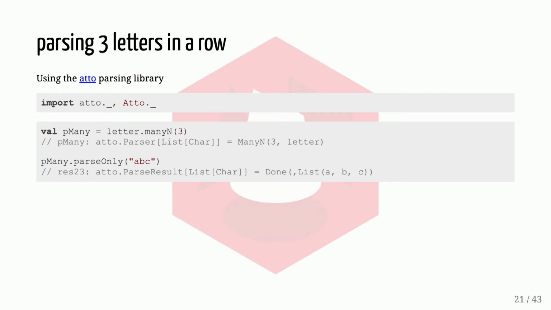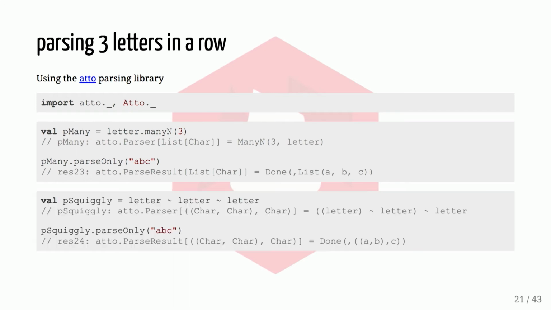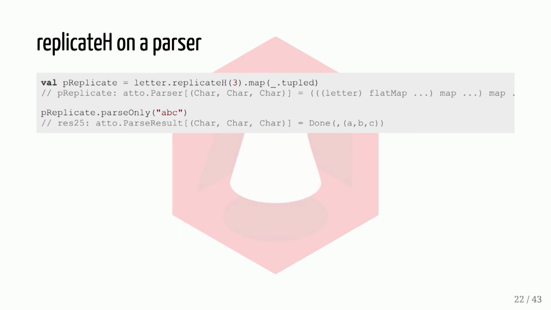Similar to the pattern we saw before, we're getting back a list, even though we expect exactly 3 of these things. He has some other syntax using this little squiggly operator, so you can do letter squiggly letter. That works, and it has nice type safety. It returns this nested tuple, which depending on your use case might be fine or a little bit awkward. But I think it's cool to see that ReplicateH also just works pretty nicely here.